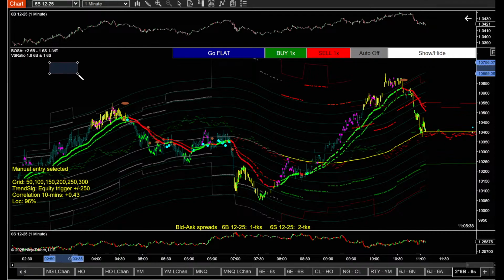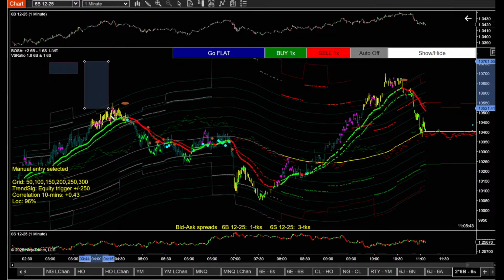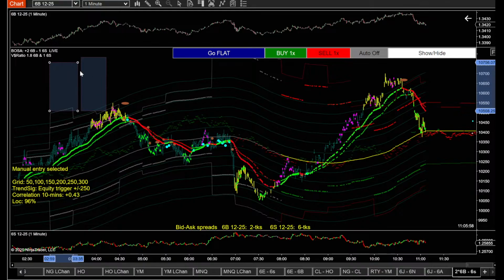So if you have a range in one instrument that's like this, and a range in another instrument that's, on a daily range like this, let's say it's two or three times the range, you want to multiply the short range or the small range so that it comes close to or equals the range in dollar value of the large one.